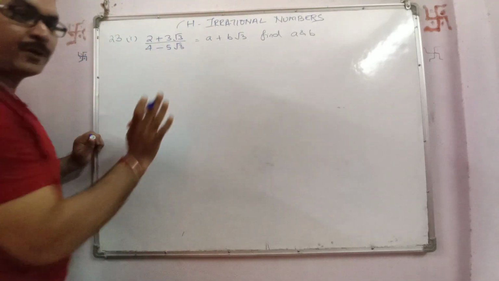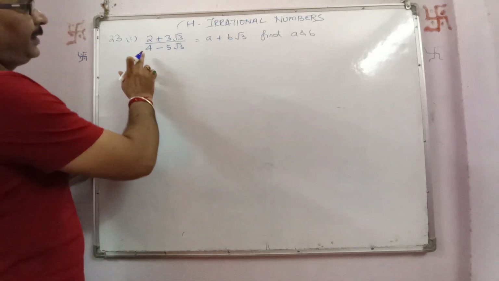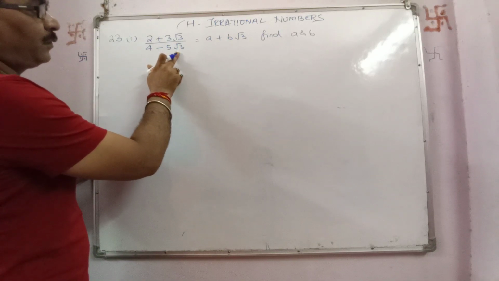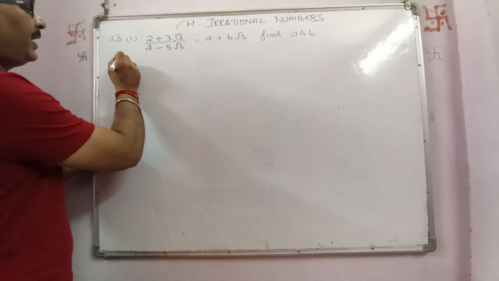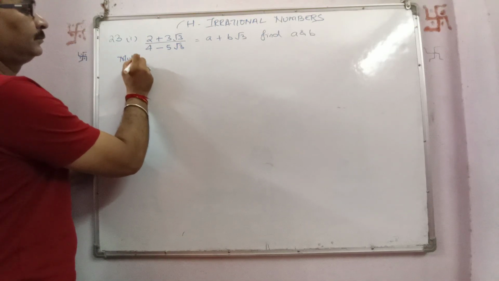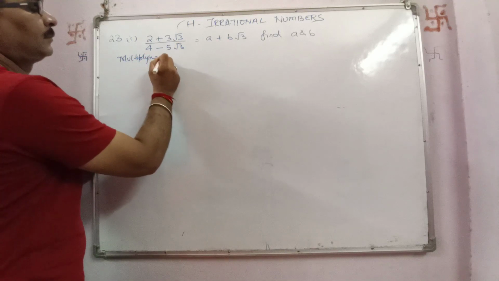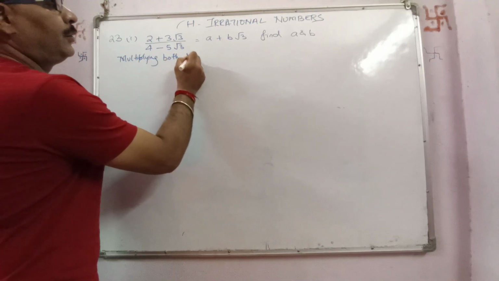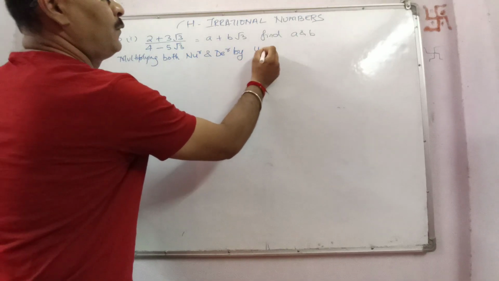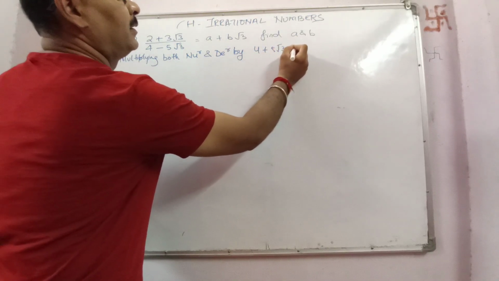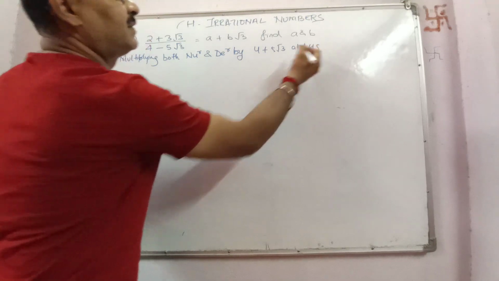So from our previous experience, we know that the rationalizing factor of 4 minus 5 root 3 is 4 plus 5 root 3. So multiplying both numerator and denominator by 4 plus 5 root 3 at the left hand side.